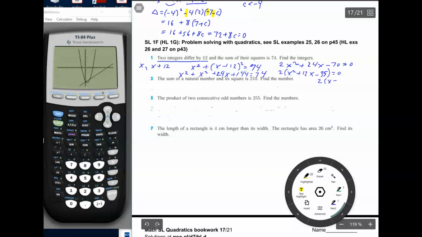Oh, yeah, this was actually plus, wasn't it? I can see there's something wrong here. So do you see how 144 minus 74 is plus 70? Sorry about that. So this is plus 35. So yeah, I can factor this. It's going to be x plus 7 times x plus 5, right? That factors it.